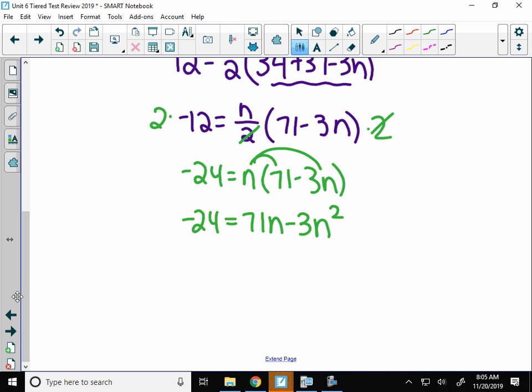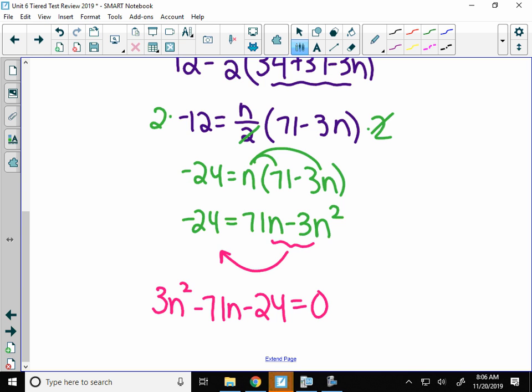I'm going to factor here, though. So I'm going to move both of these terms over to the left so that the 3n squared becomes positive. So I'm going to add the 3n squared, make it positive here, subtract the 71n, and then I have minus 24 equal to 0. You can move everything the other way. It's okay, your signs will just be opposites.